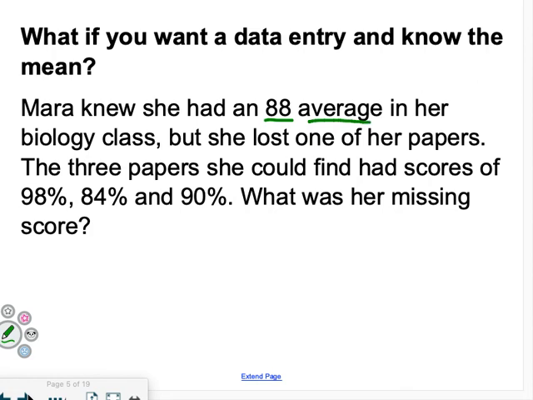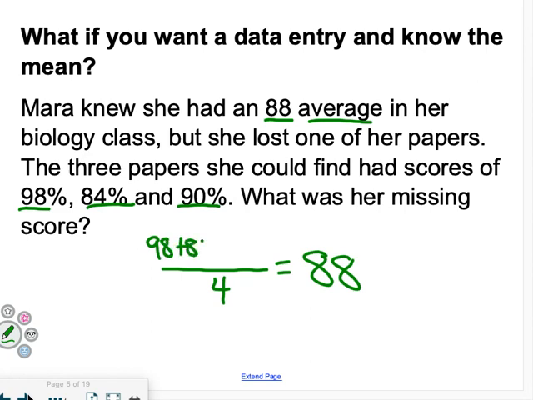If we're getting an average of 4 tests equals 88, that means we added 4 tests together and then divided by 4. So I'm going to add the 4 tests together as 98 plus 84 plus 90, and then plus X. We don't know what that missing test was.